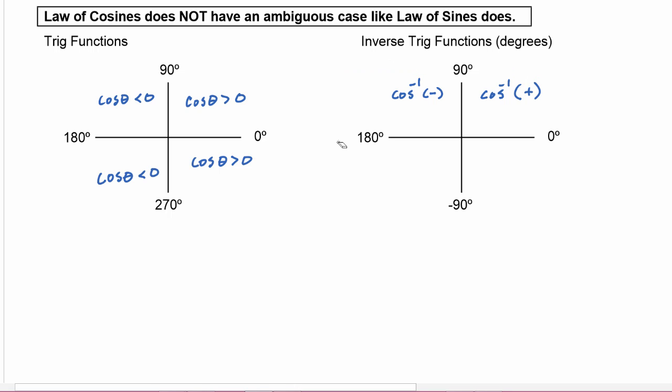Now let's compare that to the sine function. We know that sine of theta is positive in quadrant 1 and it's positive in quadrant 2. And it's negative in quadrants 3 and 4.